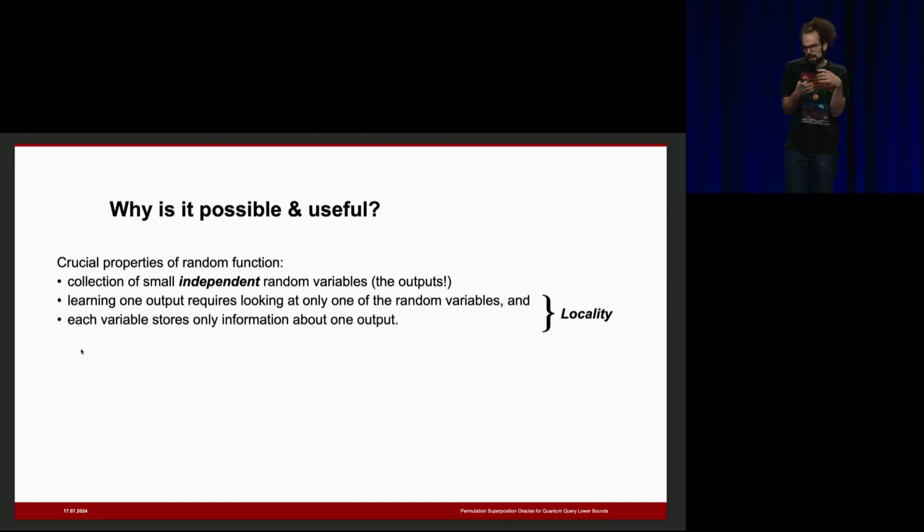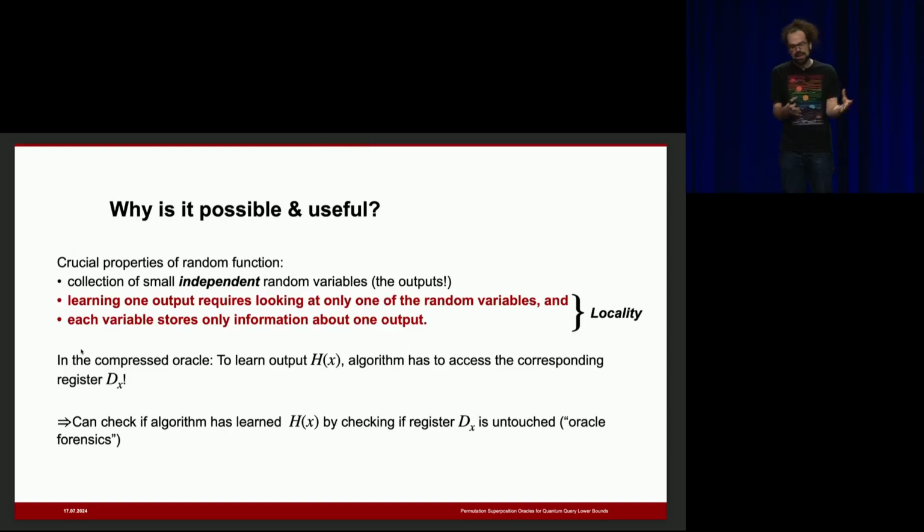This maybe seems painfully obvious, but these are the properties that enable the compressed oracle technique for query bounds. The reason is that in this oracle simulation algorithm, there are registers dx for each input x. And to learn the output of the function under the input x, we need to look at this register dx. In turn, we can analyze the register dx to understand whether an algorithm has information about the value h of x.